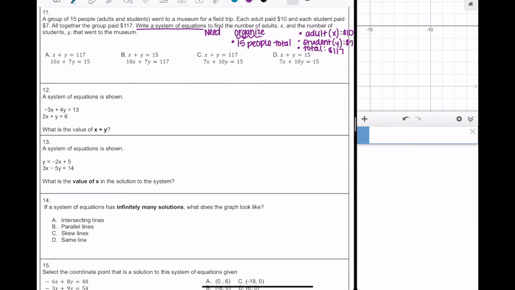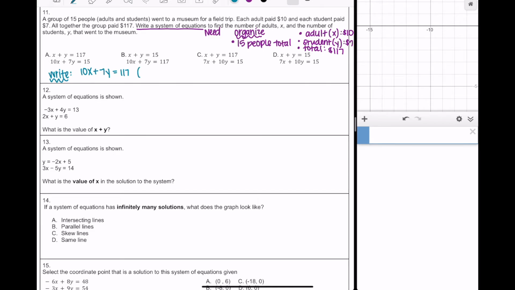Okay, our next part is just to write our equations. Based on the adult tickets costing $10 plus the students' tickets costing $7, that total amount of money was $117. So one equation needs to be for the money. As far as the cost, it was $10 per adult plus $7 per student for a total of $117.